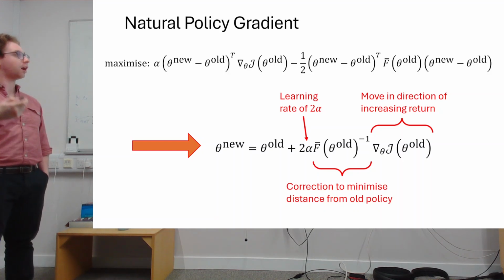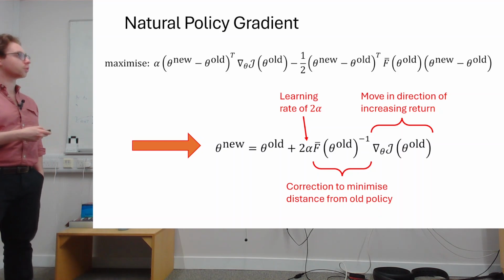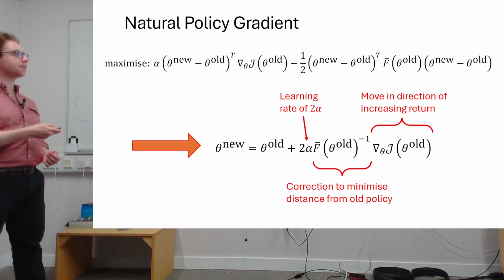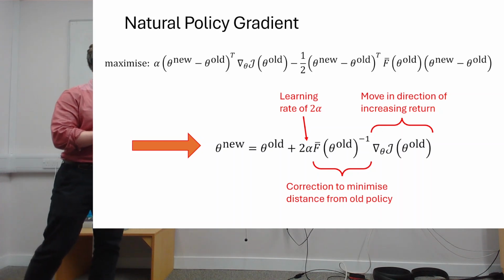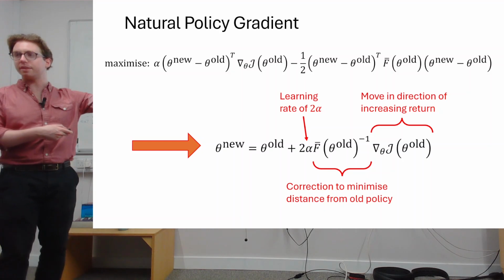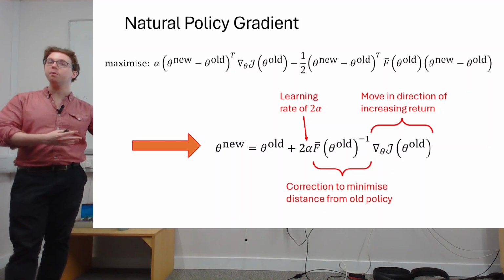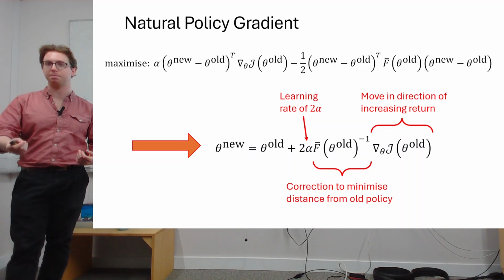And you're entirely right that another way to interpret this is as a curvature term. This gives you an update direction in parameter space. The policy gradient, grad theta calligraphic J theta old, is an update direction in parameter space. But what you really want is an update direction in policy space.